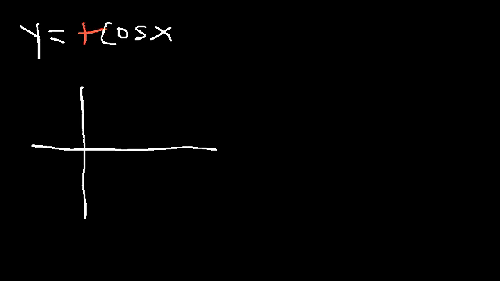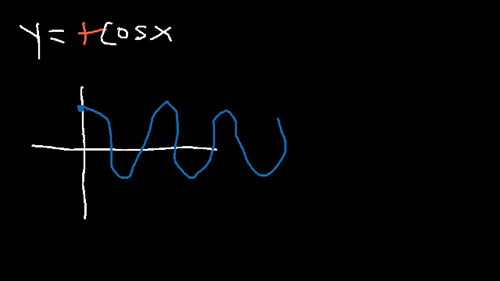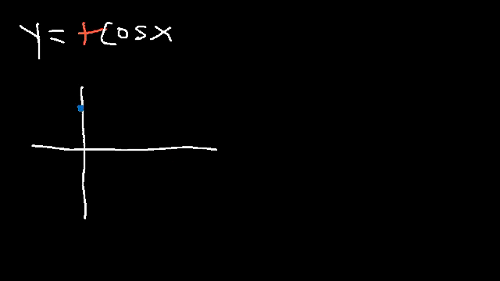Now what about the graph y is equal to positive cosine x? Cosine starts at the top, and then it forms a sine wave. It repeats, but if you just want to draw only one cycle, it looks like this.